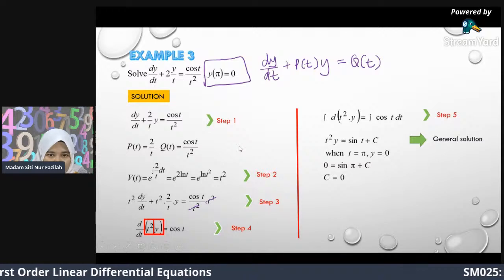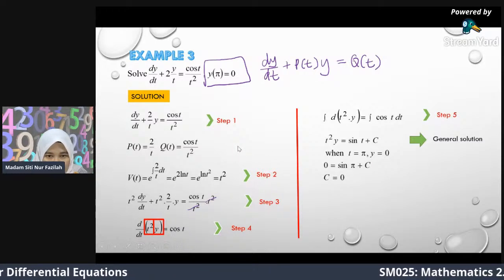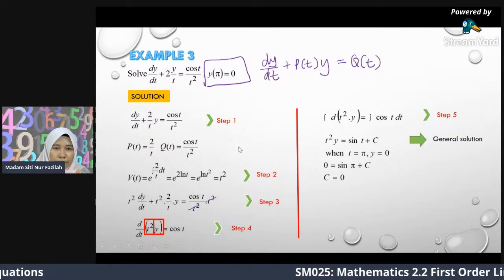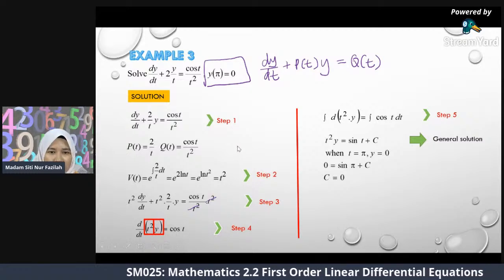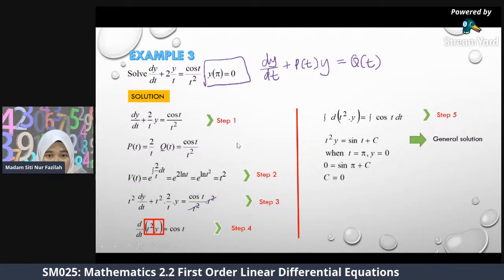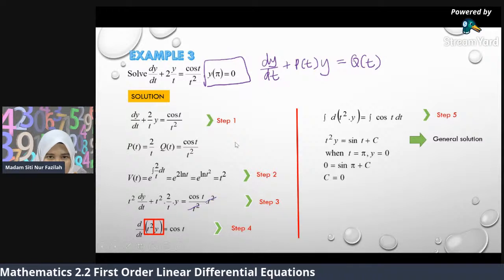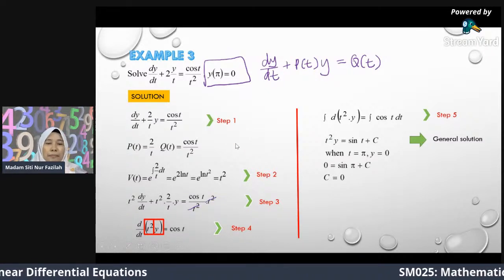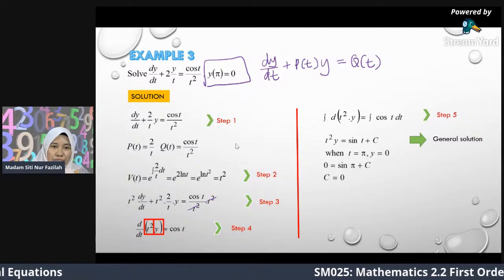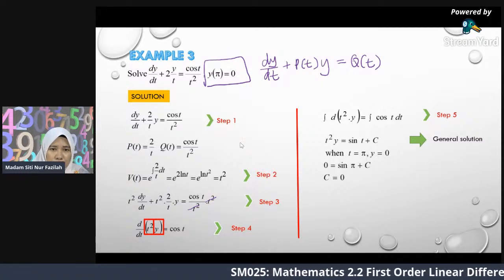Then we substitute into the general solution, and we get c equal to 0 because sin pi is 0.